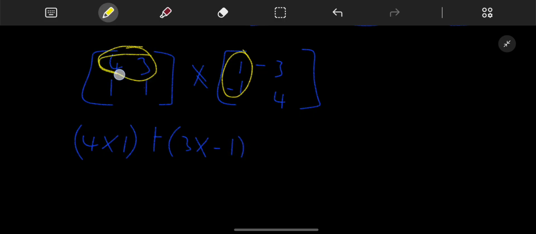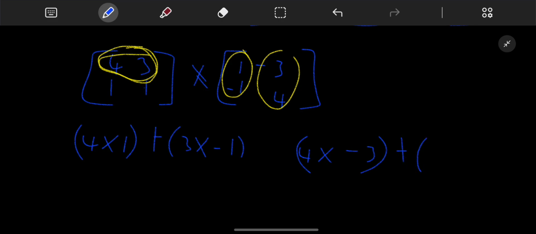Now we multiply this row and this column: 4 times -3 plus 3 times 4. Now we go on to this row and this column.